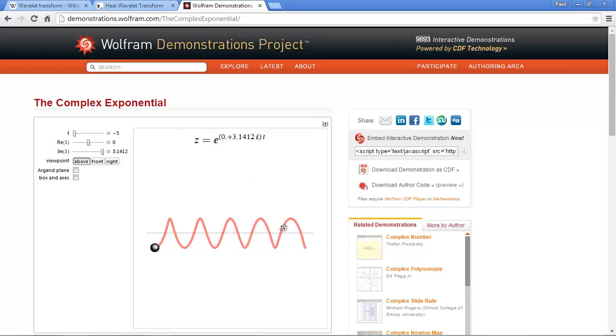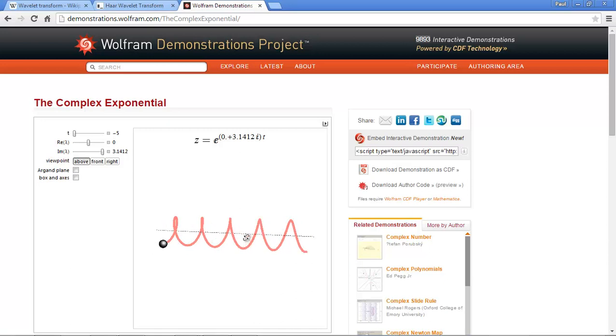Vertically we have the real part, and coming in and out of the page we have the imaginary part of the value of this function. So it requires two dimensions to plot the value of the function. It's a little distorted because it's giving us perspective, but this is a coil.